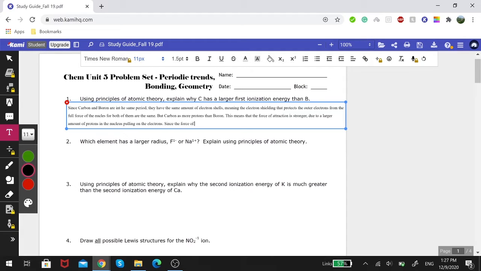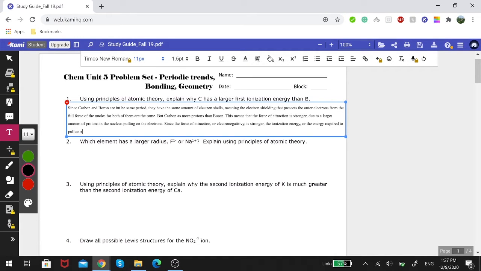Since the force of attraction is stronger, the ionization energy, or the energy required to pull an electron away from its atom, needed for carbon is also larger than that of boron.